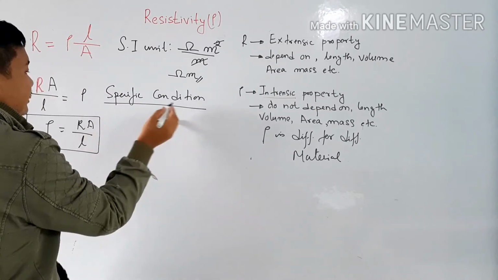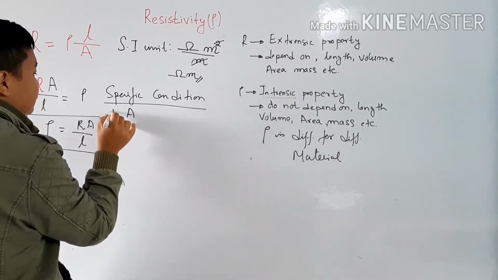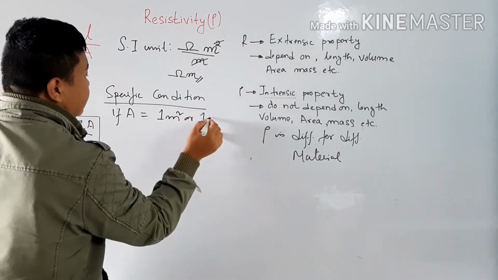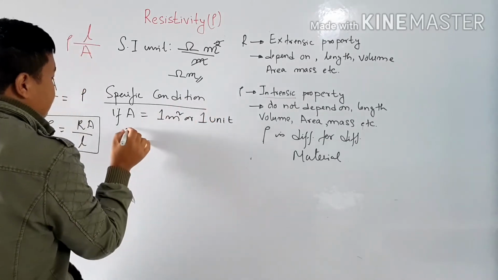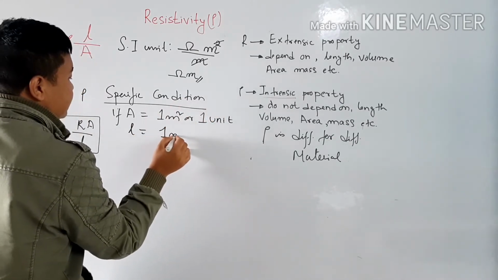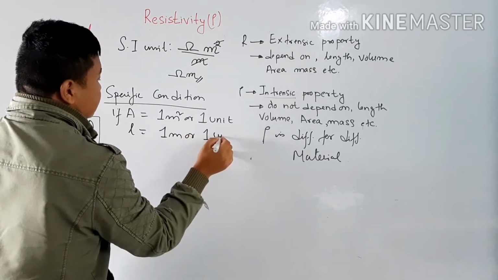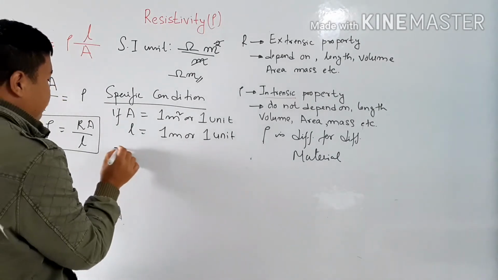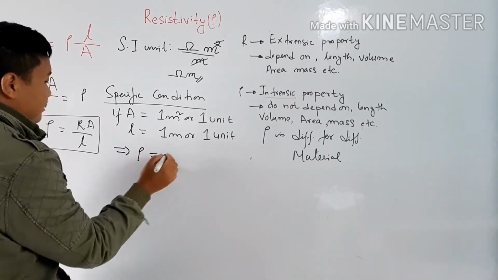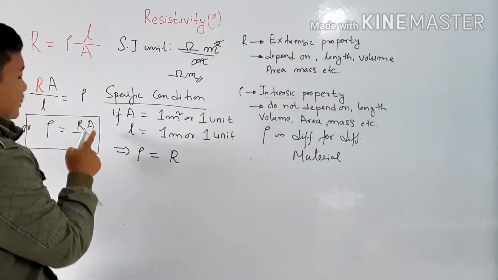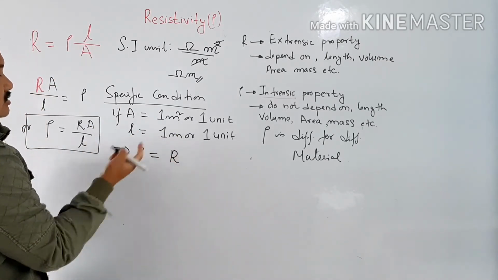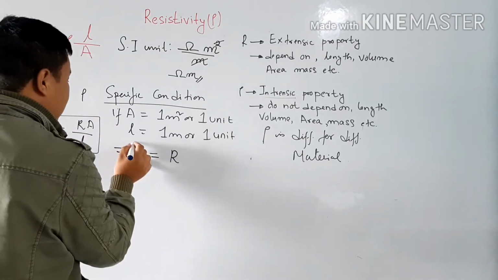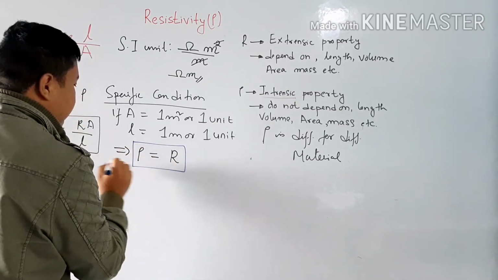In a specific condition, if area is equal to 1 meter square, or you can say 1 unit, and length is also equal to 1 meter, or 1 unit, when the length and the area become unitary, then we get that rho is equal to R, because A is 1 and L is also 1, so 1 divided by 1 is 1, so we don't need to write. So this is my very versatile equation.